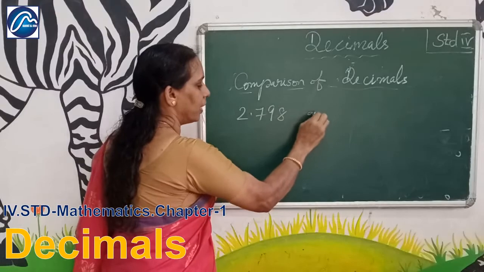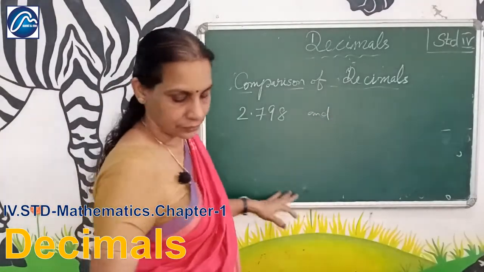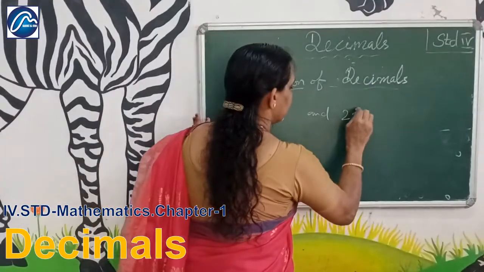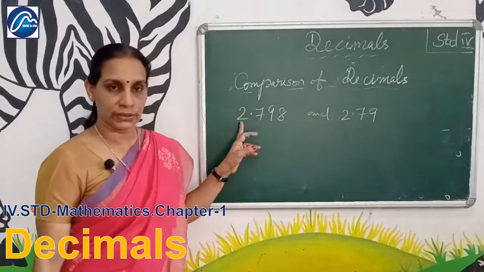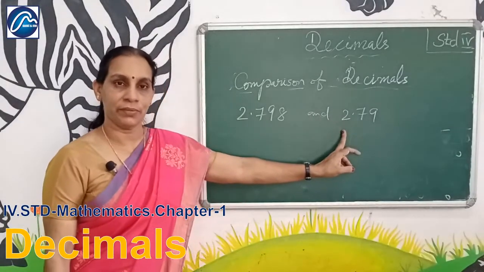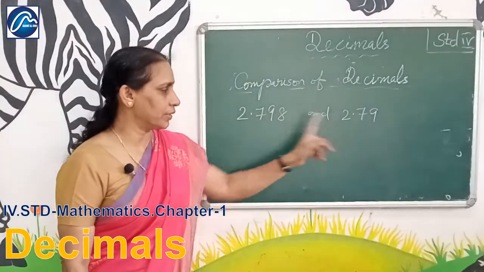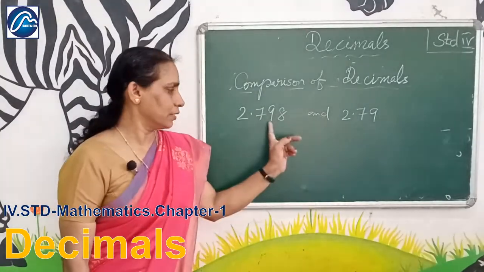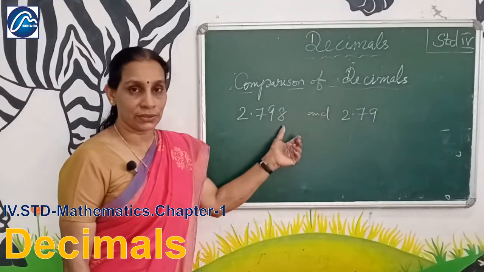2.798 and 2.79. Here two ones are there. Here also two ones are there. Place value നോക്കിയിട്ടാണ് നമ്മൾ രണ്ട് നമ്പേഴ്സ് ബിഗർ ആണോ എന്ന് നോക്കുന്നത്. Then after that 7/10, here also 7/10. Here 9 hundredths, here also 9. Here 8 thousandths.